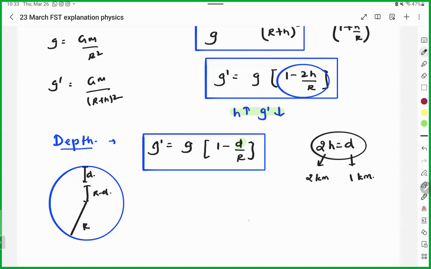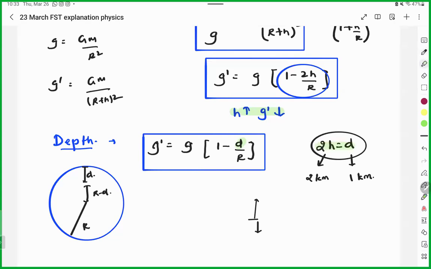Na? It means if you go 2 kilometers up or 1 kilometer down, in both situations the decrease in gravity will be the same. Any doubt, guys? Whether you go 2 kilometers up or 1 kilometer down, the decrease in gravity will remain the same, because 2h is equal to d.